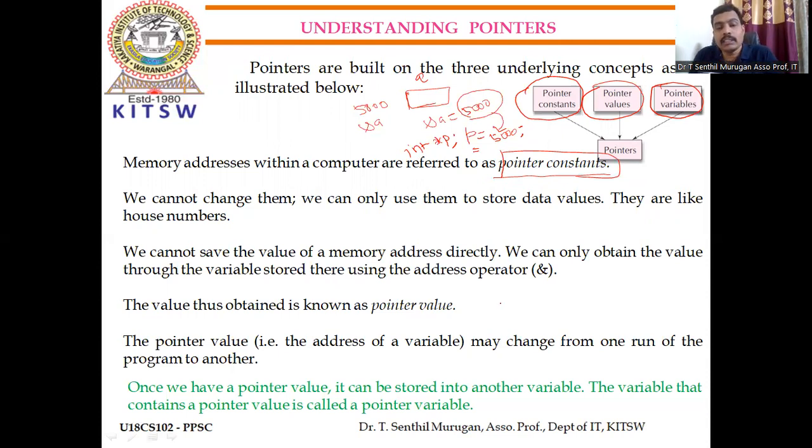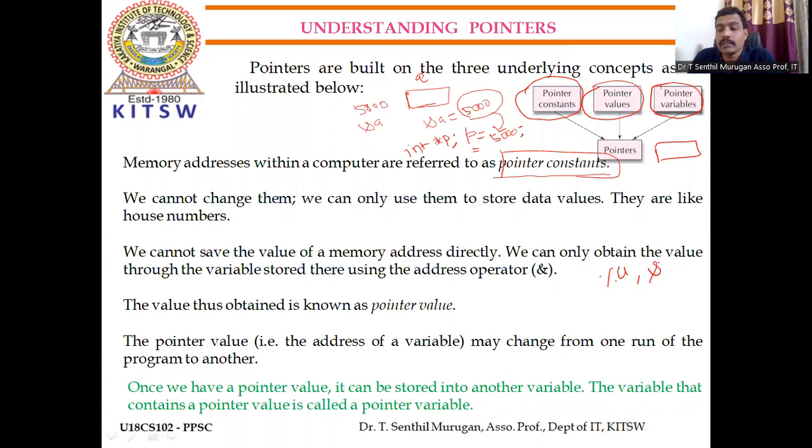We cannot change them. We can only use that value. If the location address is there, we can use this address, but we are unable to change this address. So we cannot save the value of a memory address directly. We can only obtain the value by using the ampersand symbol. I already told you that %u we can use in the printf statement, and with the ampersand you can write whichever variable's address you want.